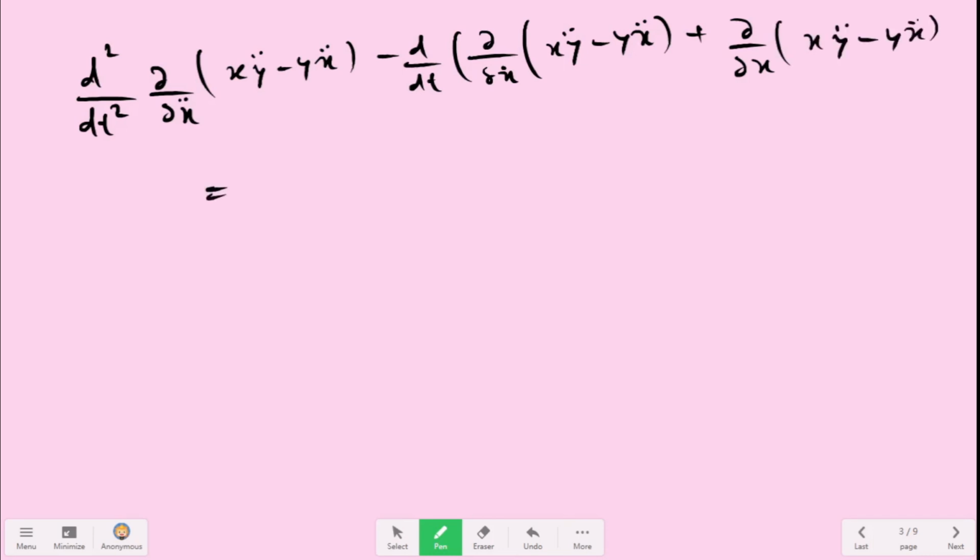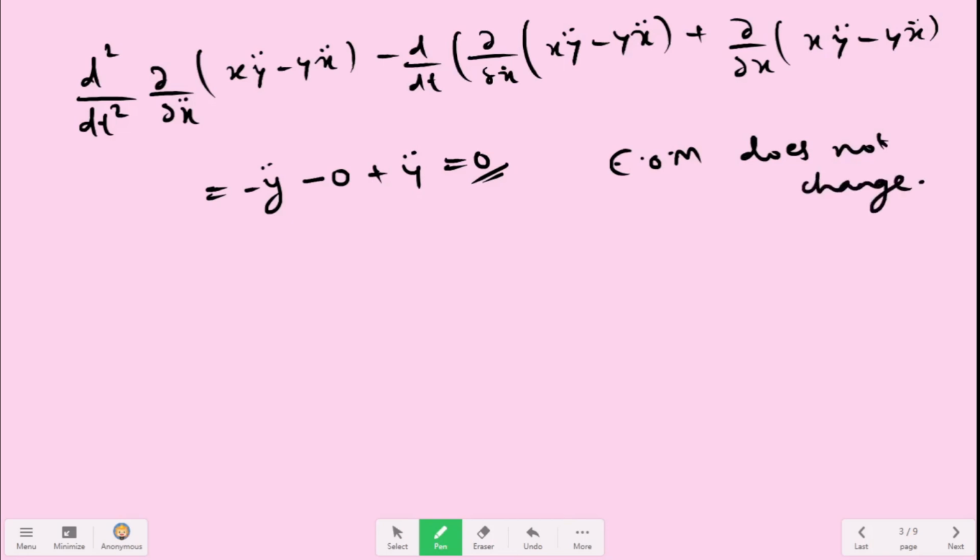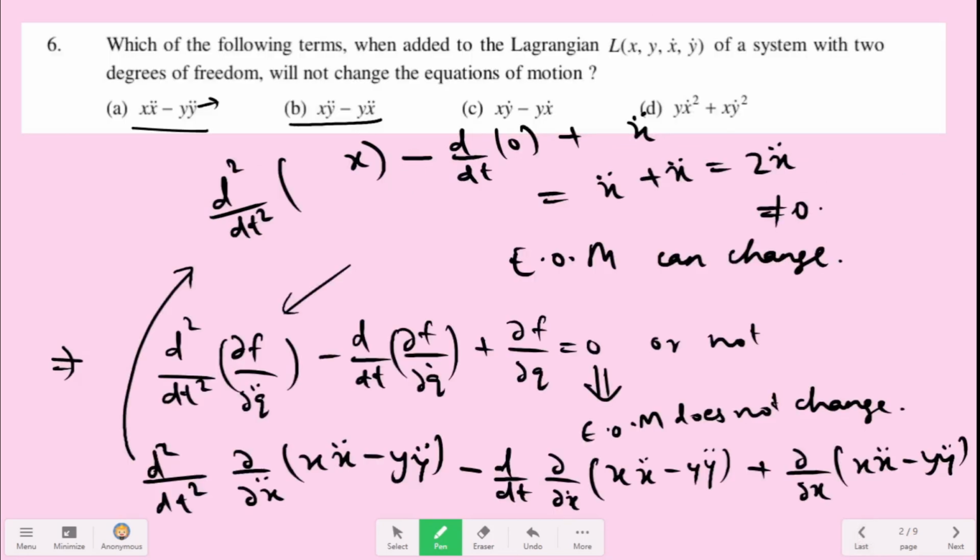This is equal to minus y double dot minus 0 plus y double dot, which is equal to 0. Therefore, equation of motion does not change. Option B is the correct answer here.